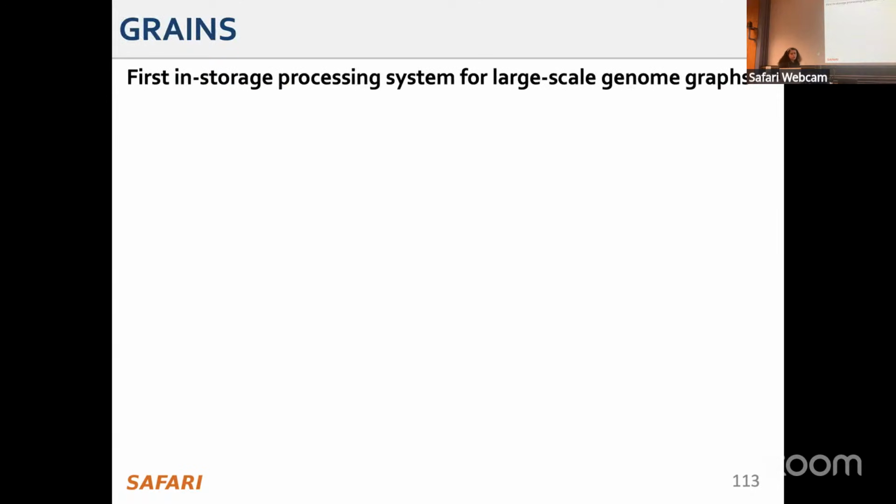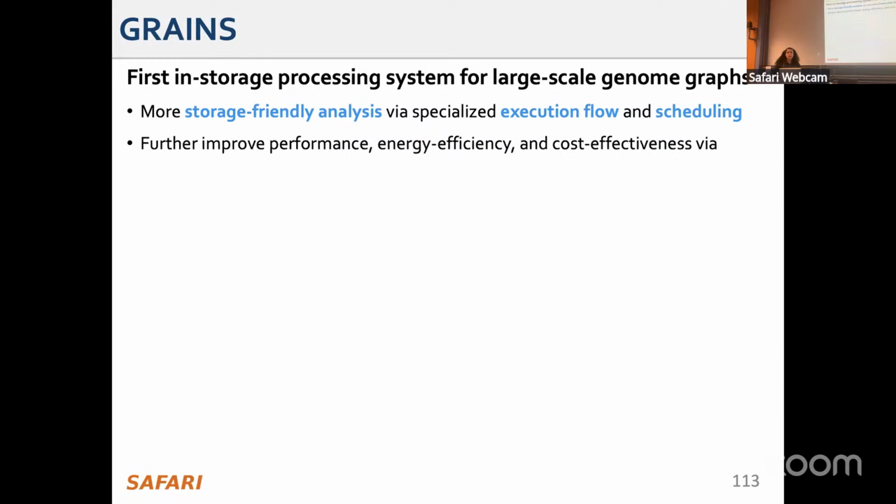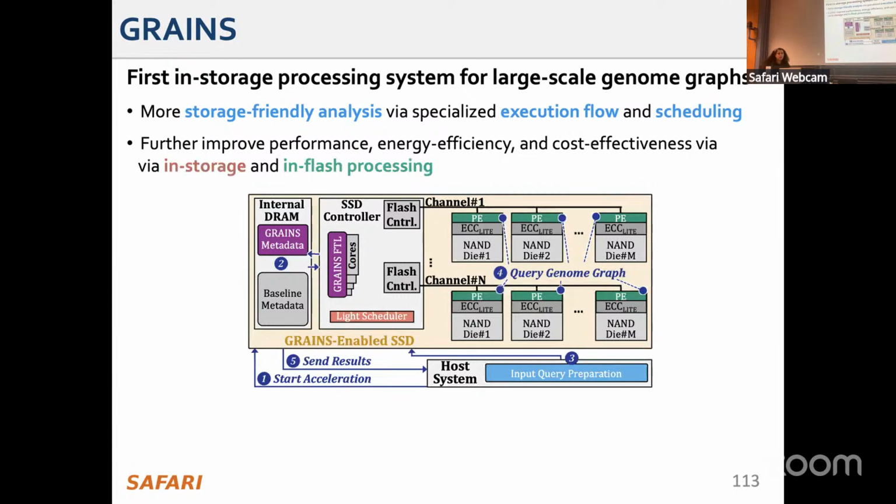I won't go through the details of our work, which we call GRAINS, for graphs and storage. But what I wanted to highlight is what it achieves. We enable it by more storage-friendly analysis, by specialized execution flow and scheduling, and further improve performance, energy efficiency, and cost effectiveness via in-storage and in-flash processing. The works I've talked about had some hardware units on the SSD controller.